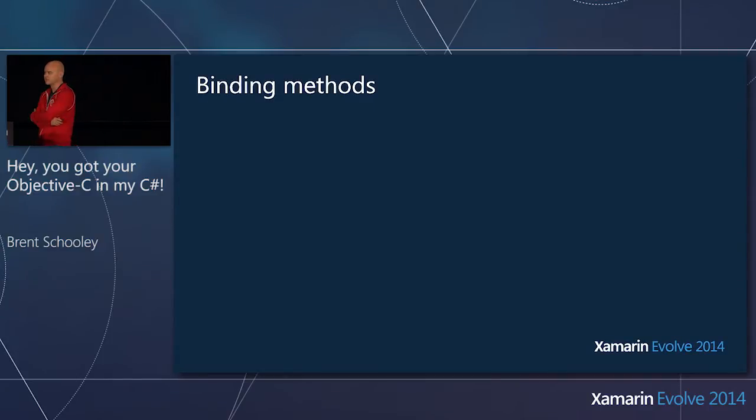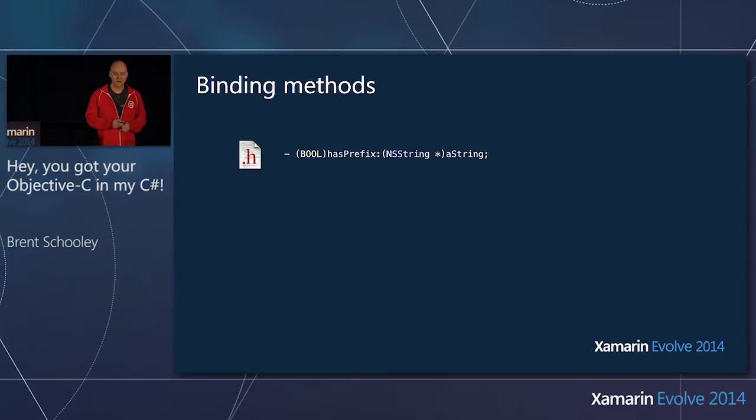So for binding methods, again, this is over in our API definition.cs class inside of one of the objects that we're creating. So these two examples are from NSString. So we have a method. It's an instance method. That's what the little hyphen at the beginning means. And then it says it returns a bool.